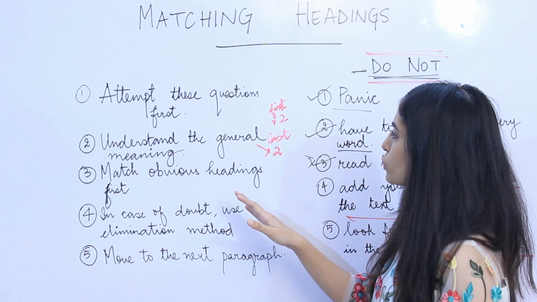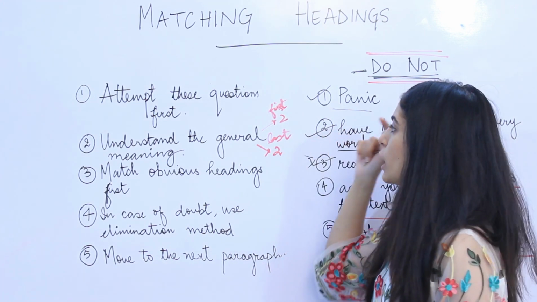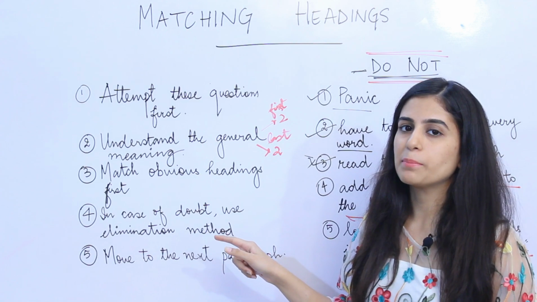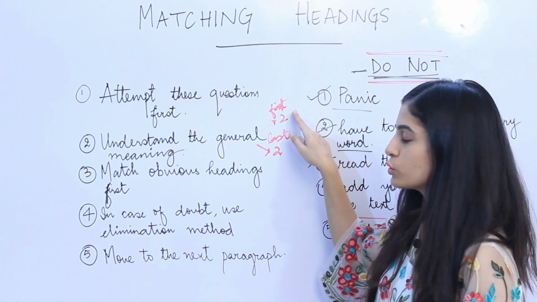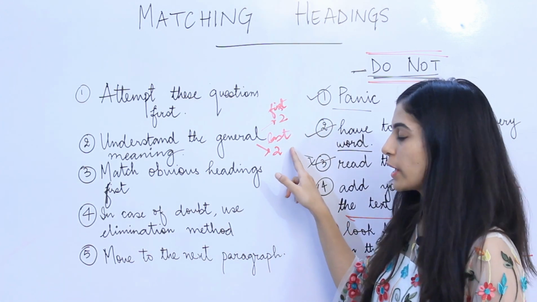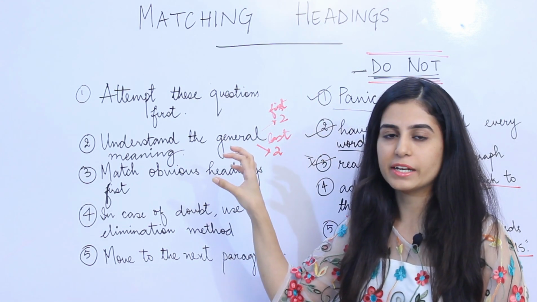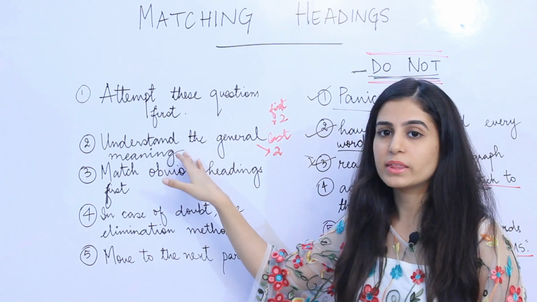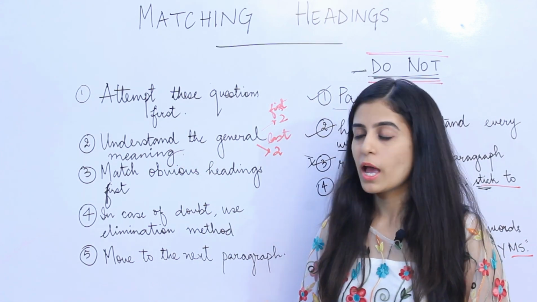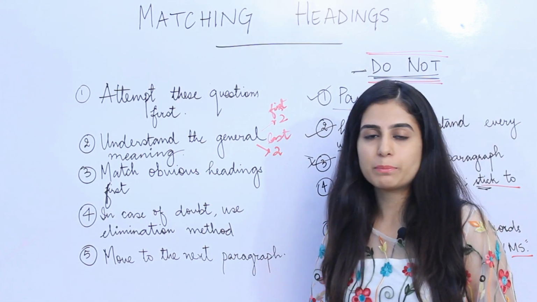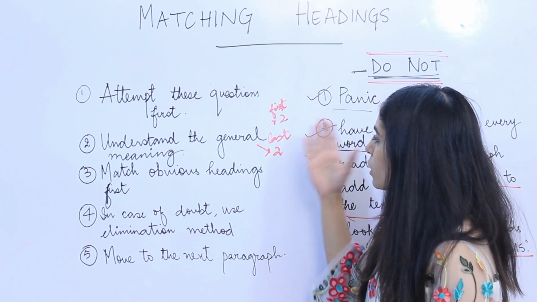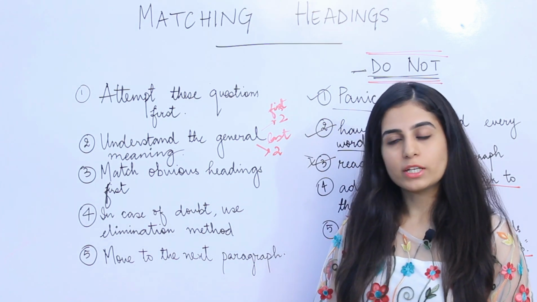As mentioned in the do nots, just go through the first two and the last two sentences of each paragraph, and that would give you a generic idea of what that paragraph is going to talk about. And once you know that, it will be an easy task to answer these kinds of questions.